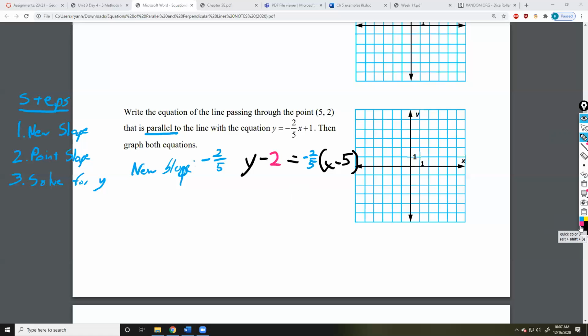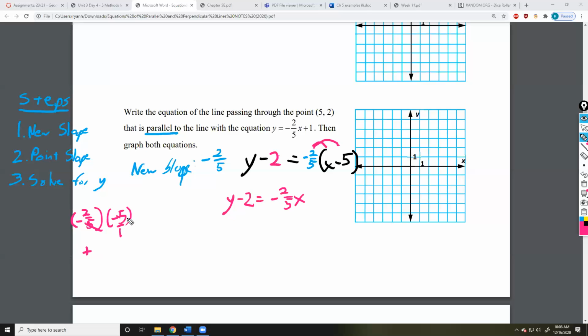So now we're going to distribute our -2/5. So -2/5 times x. And then -2/5 times 5 times a -5, well, first off, negative times a negative is going to be a positive. And then I have, this is 5/1.